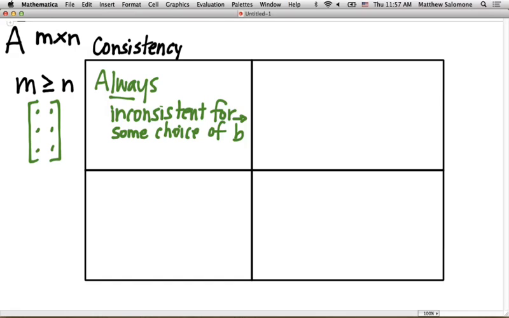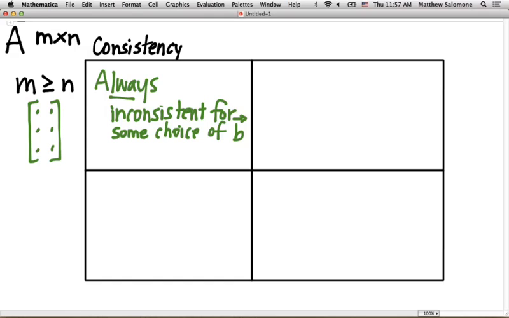We're going to reframe that in a couple of chapters into a statement about the column space. In other words, the image, the range of the linear transformation represented by this matrix would span all of the codomain. But for now, we're just going to think of it as a statement about equations, that if your matrix is taller than it is wide, if it's an overspecified system, then we can always find some right-hand side that makes it inconsistent.